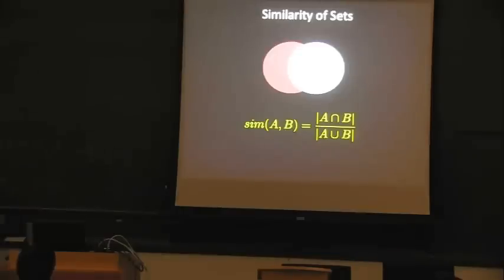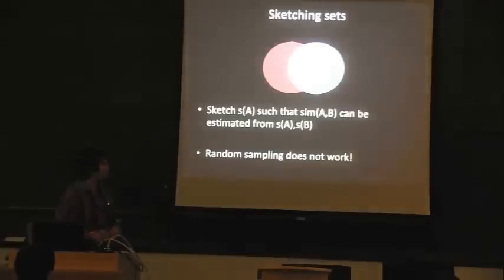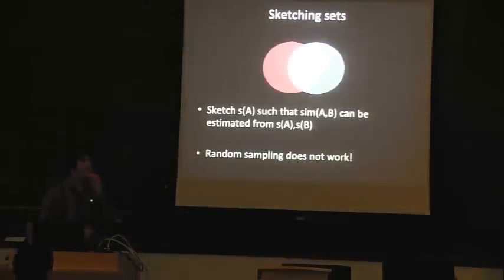And we're going to work with the hypothesis that similarity defined this way is a reasonable measure of how similar 2 documents are. So here's the question: can you produce a sketch, a very short summary of a document, a set in this case, such that you can estimate the similarity just by looking at these 2 sketches instead of actually looking at the original document?